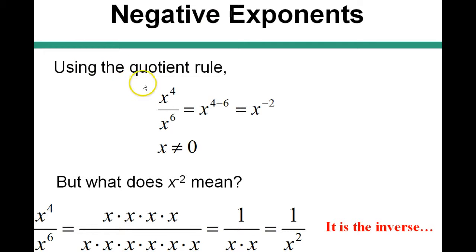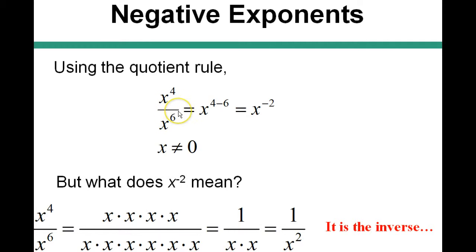let's take a look at what we had reviewed earlier. x to the fourth divided by x to the sixth. Well, we then said that this equals x to the fourth, and we take the exponent from our denominator.